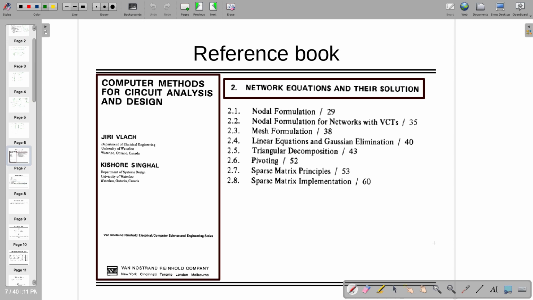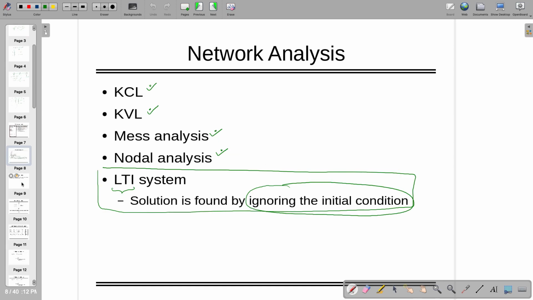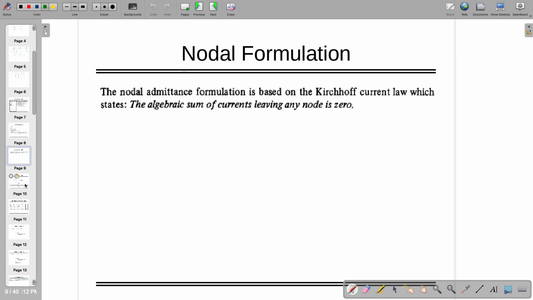If you are not giving any option from the beginning, it will take the initial condition as zero by default. So all the capacitors are discharged. There is no current in the inductor. Nothing is saved anywhere, right? Everything is at zero, and you're starting from zero, right? So that is what we are going to do now.